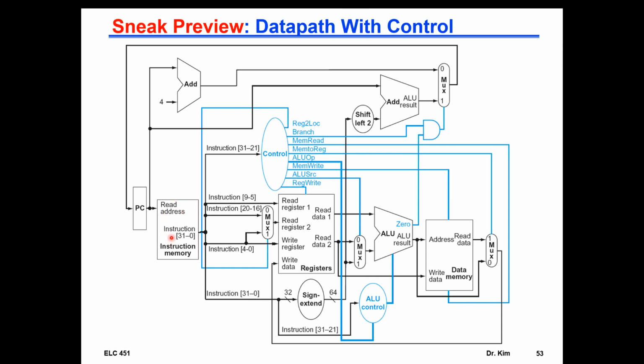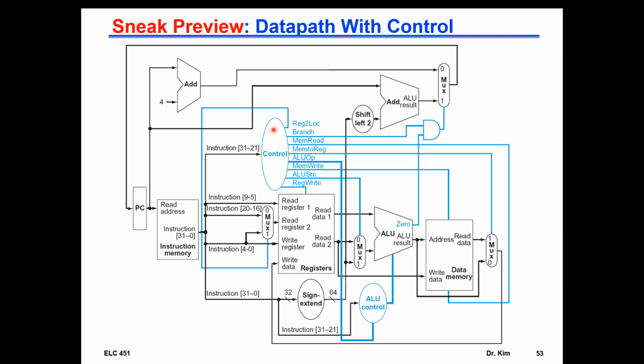But you can see here that the instruction is coming and the fields are getting split. These are the fields of the instruction formats, so that the hardware can do something with it. For example, the opcode, which are the upper bits of the instruction, is going into the control unit.